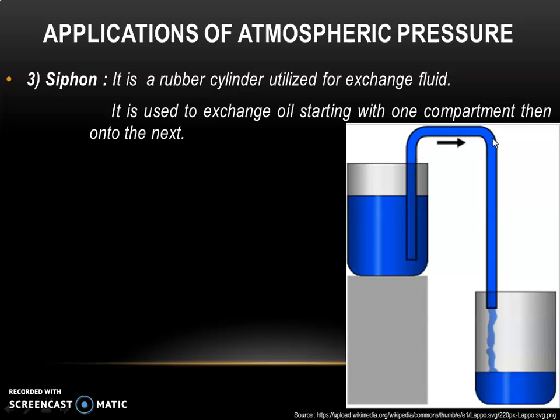It's a rubber tube which is used to supply water or any other liquid from one container to another container. Due to atmospheric pressure acting on the surface of the liquid, the liquid is forced into the siphon, and hence a siphon is used to empty a container which doesn't have any outlet.